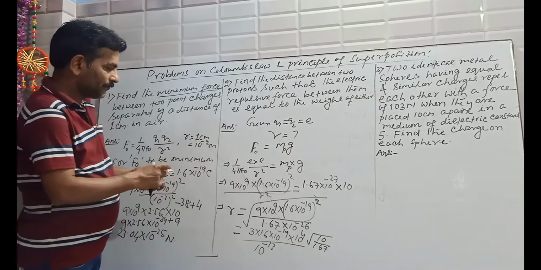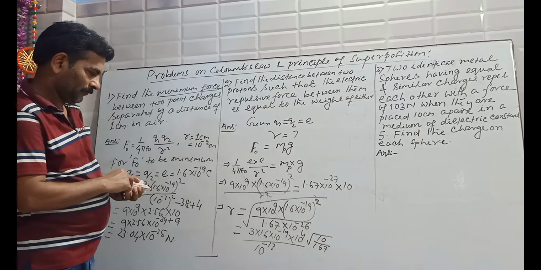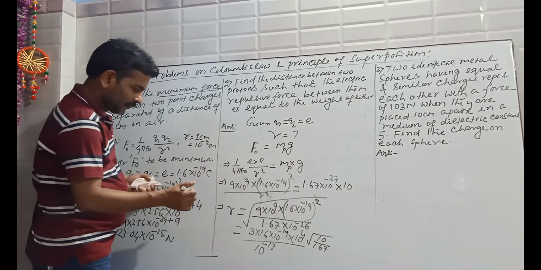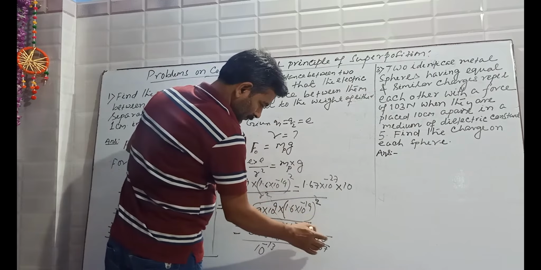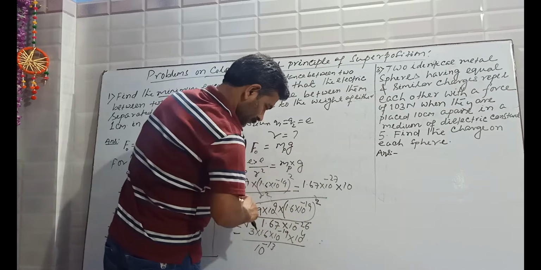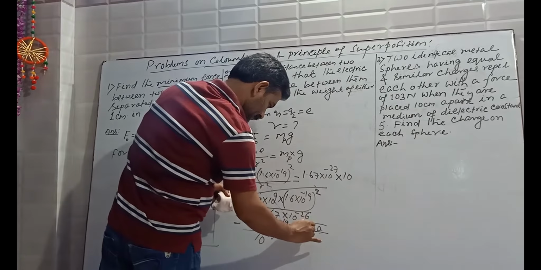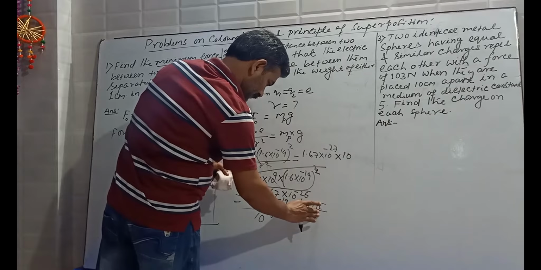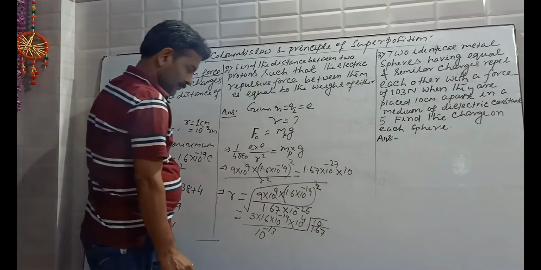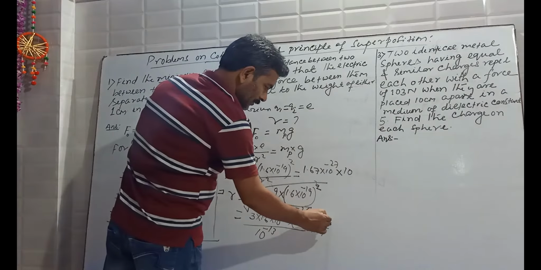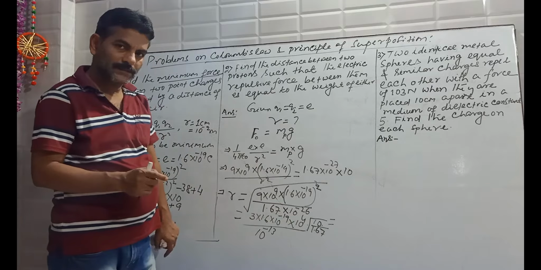Then what will be the value? You see, this will be 3 into 1.6, 4.8.